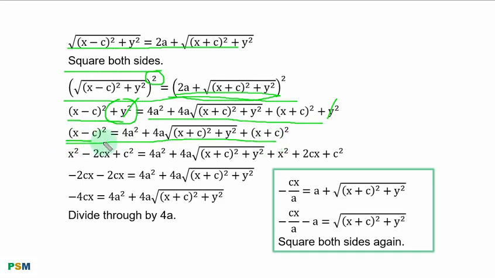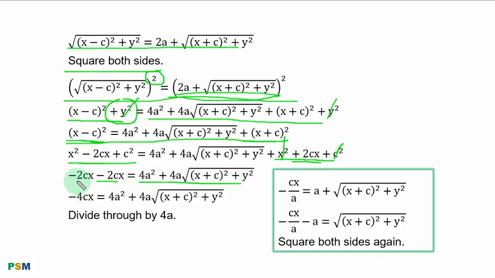You expand this term, you have this result. You come here and expand this term, you have this result. Now, if you transfer x square plus c square to the right hand side, it will remove this x square and this c square. Then transfer this term to the left. You have this one here already, then minus the second term that is coming in, equal to this result.